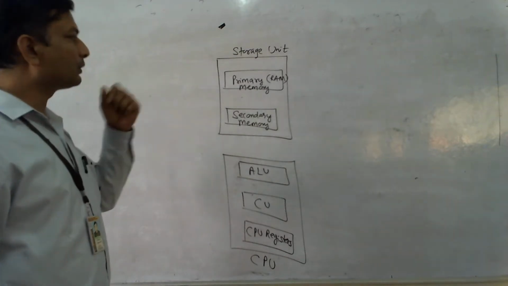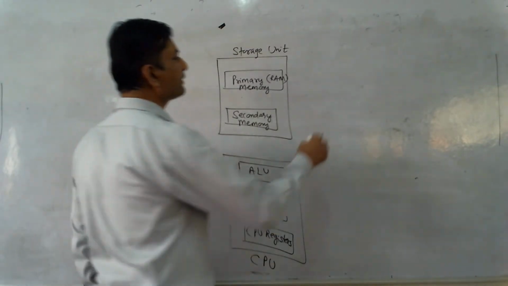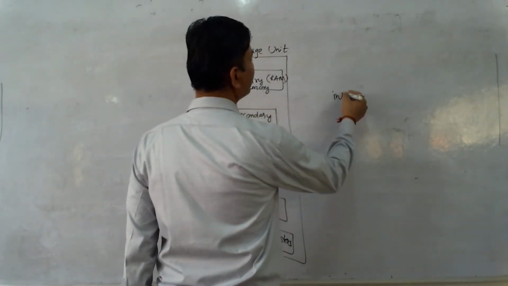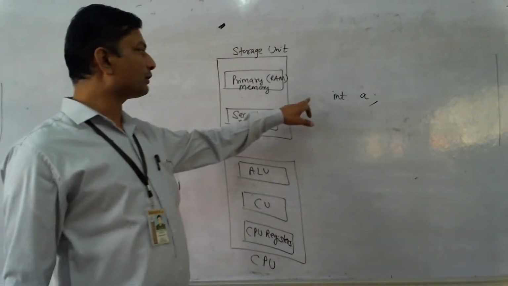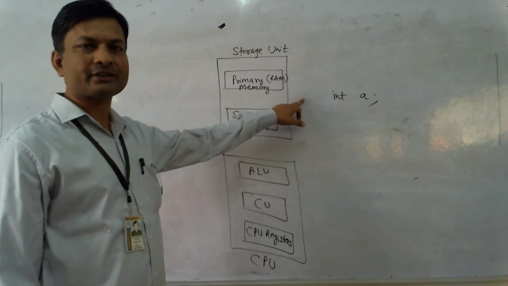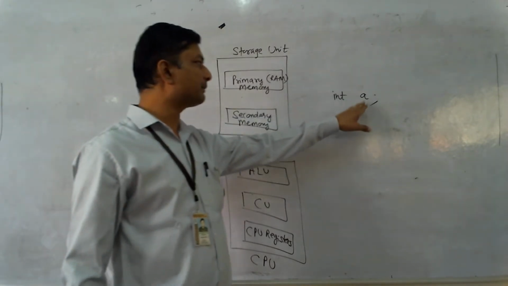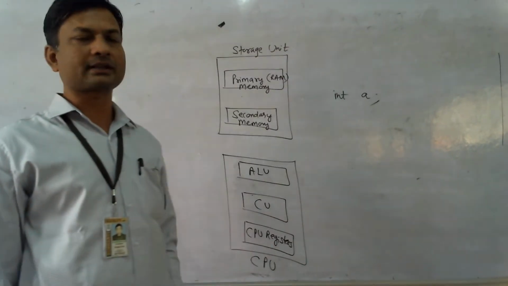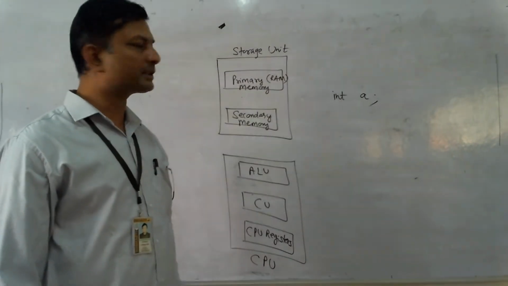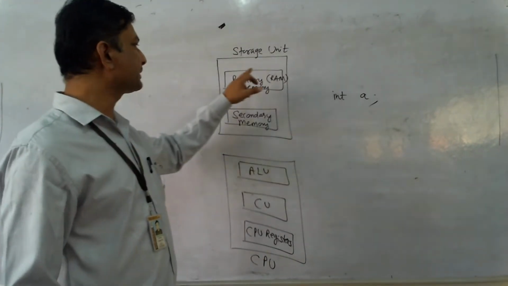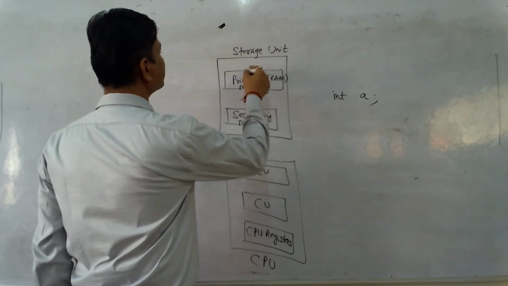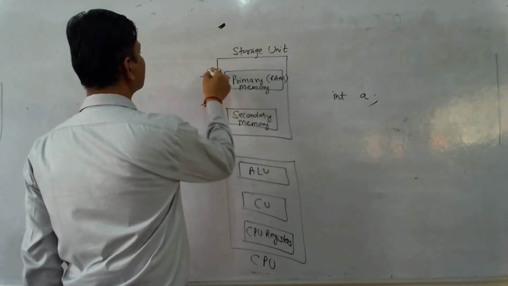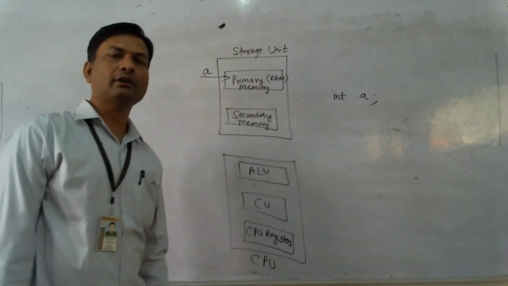So, suppose we have declared a variable int A. As we have not mentioned the keyword of any storage class, it means this variable belongs to the automatic storage class. Then where will it occupy space? Obviously it will occupy space in RAM. So A will occupy space here.